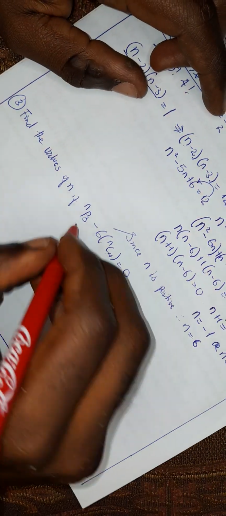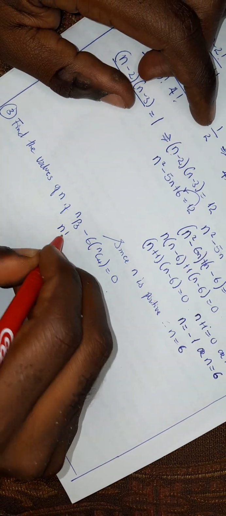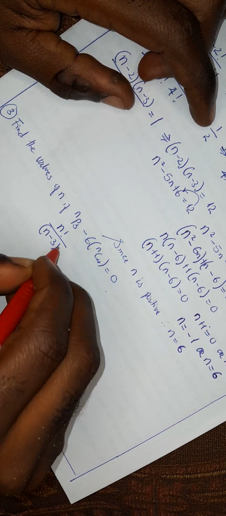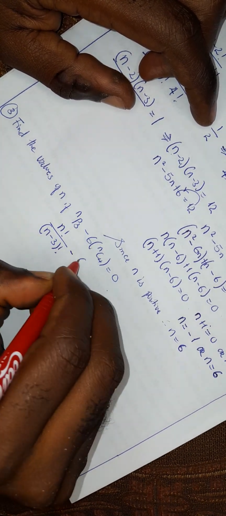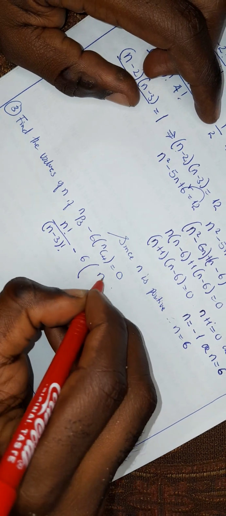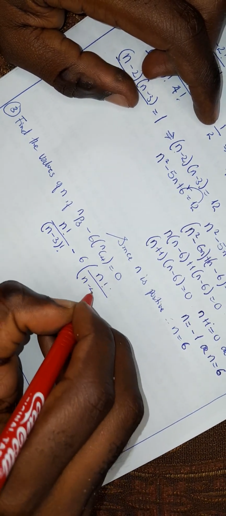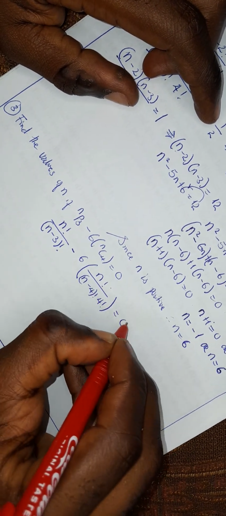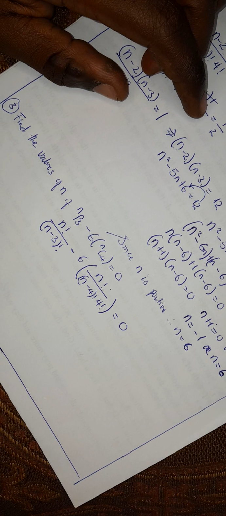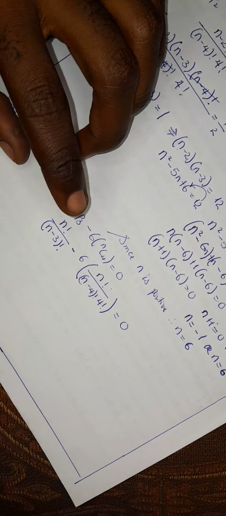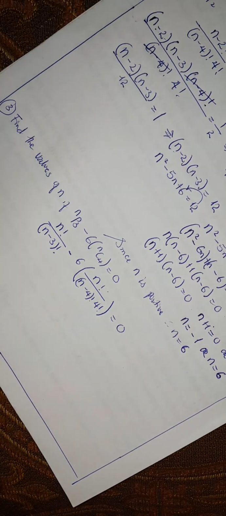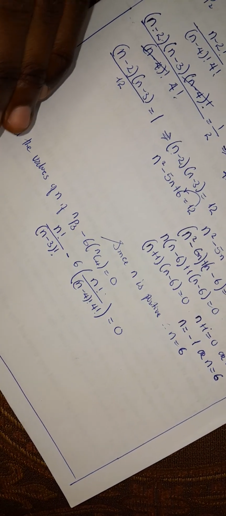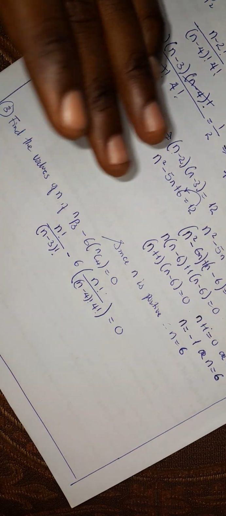So this will give me n factorial over (n minus 3) factorial minus 6 times n factorial over (n minus 4) factorial 4 factorial equals 0. All right, our goal in this kind of question is actually to eliminate any factorial we see.